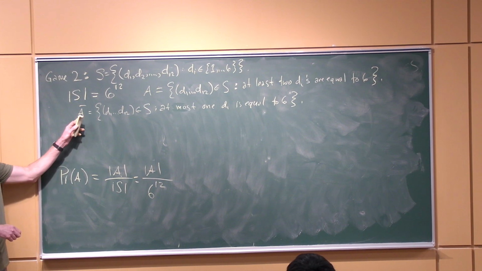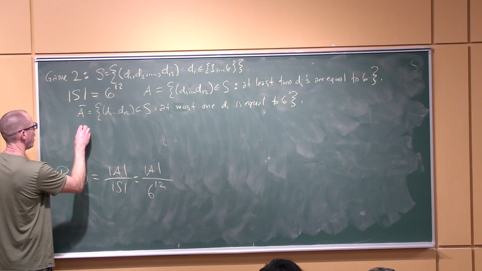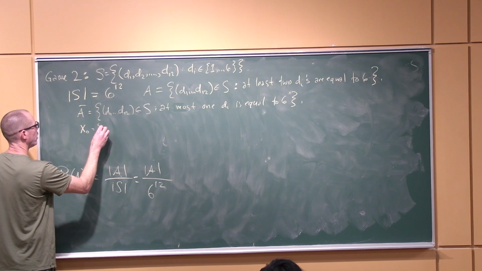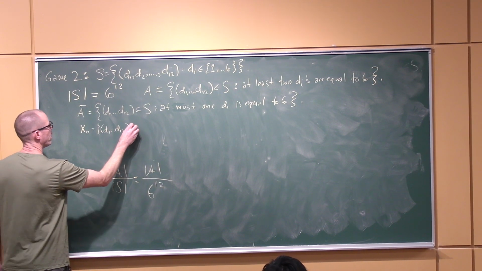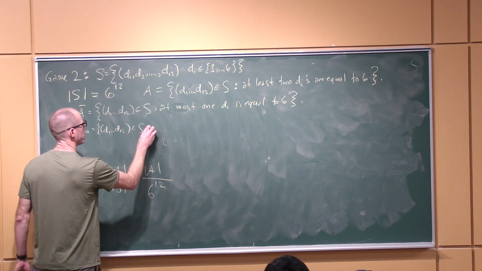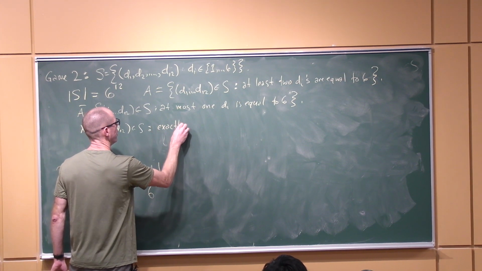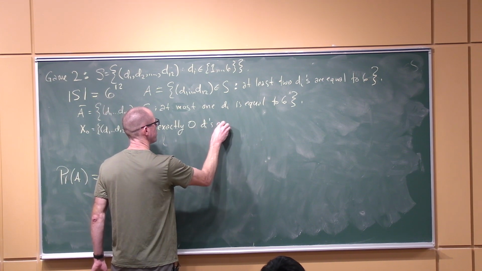And that's how we can split this thing. So let's say x0 is equal to D1 through D12 in S such that there are exactly 0 Di's equal to 6.